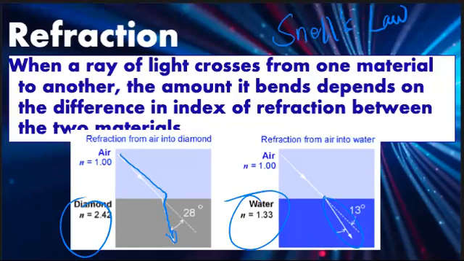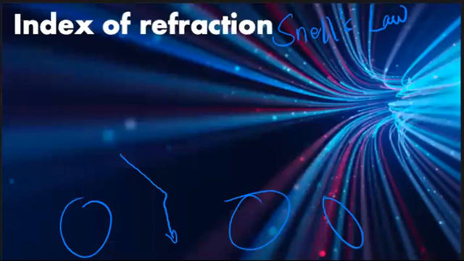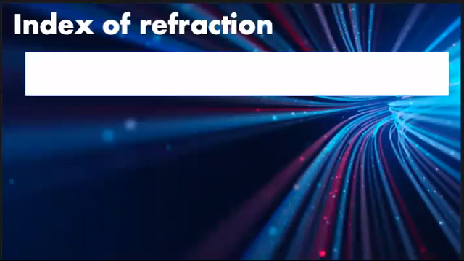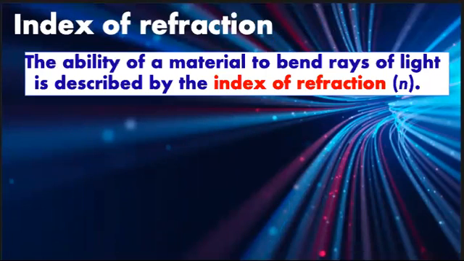If light is incident in a denser medium, it speeds up in another medium, resulting in the bending away from the normal line. To illustrate further, the index of refraction is the ability of a material to bend rays of light.